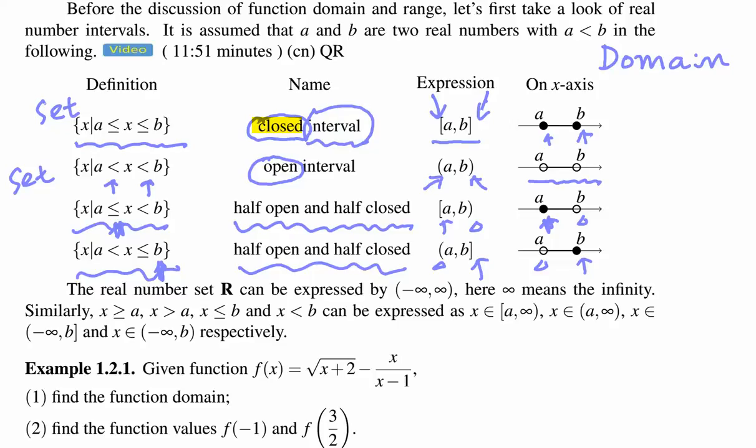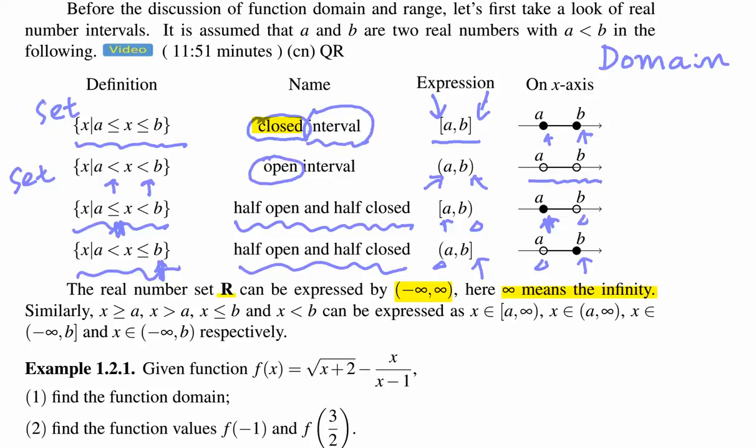Then for the real numbers r, it can be expressed in this way. From negative infinity to positive infinity. The sign here means infinity.